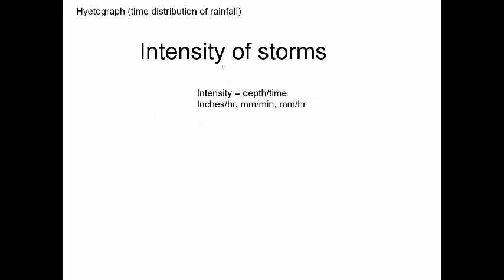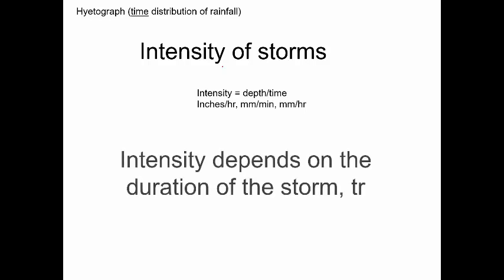So now remember the hyetograph. It's the time distribution of rainfall. So what you're looking at in a hyetograph is intensity and time. And as I mentioned, you measure that intensity and you measure the time. But another thing that you saw is that the intensity depends on the duration of the storm. Okay. Well, for a specific storm or specific duration, first of all, what you have is this.